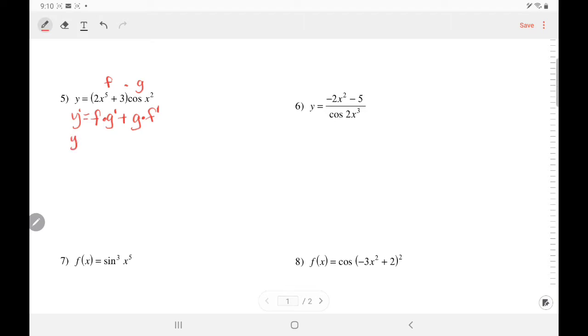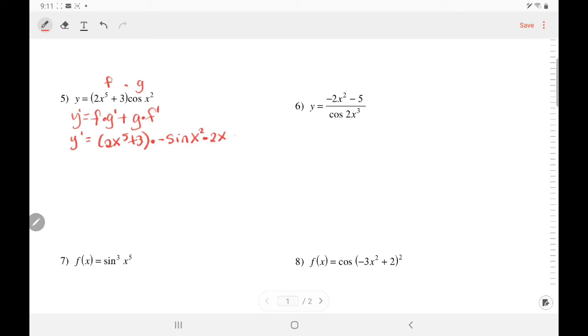So in this case, first function is 2x to the 5th plus 3 times derivative of the second function. So derivative of cosine is negative sine x squared. And chain rule, derivative of x squared is 2x. So I'm done with the first term.